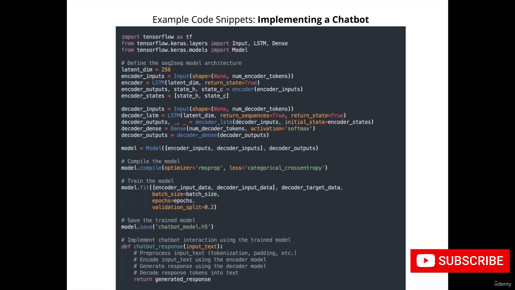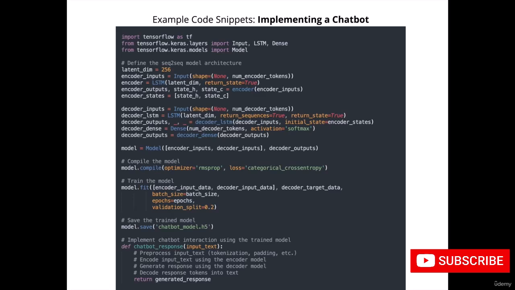Next, decoder_inputs. We get the input, again almost similar to the encoder where we call the Input function, but instead of encoder tokens we give the decoder tokens. Then decoder LSTM, we call the LSTM function with the latent_dim, return_sequences equal to True and return_state equal to True.